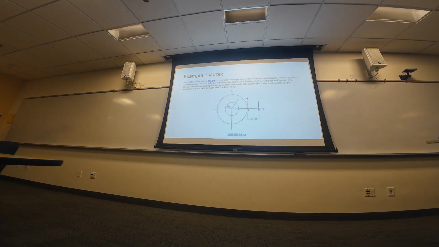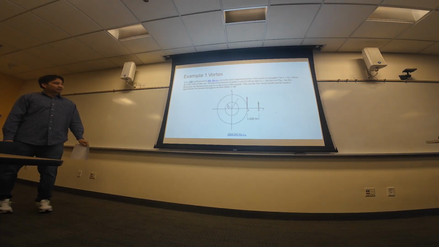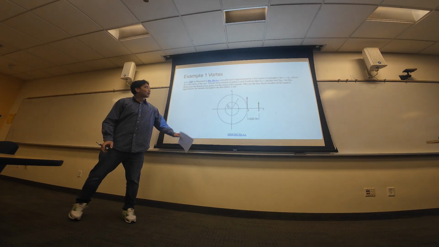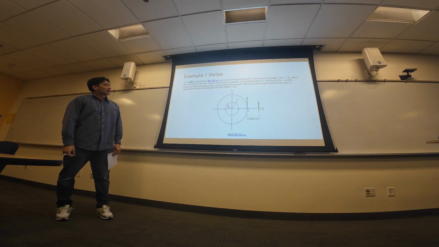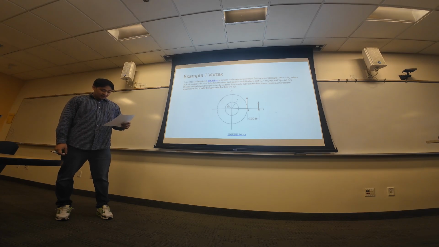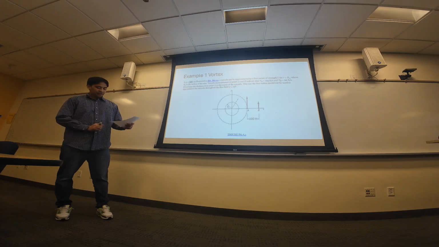Okay, let's keep our good habits and follow Dr. Bridges: givens, assumed, and finds. So here, example 1, we have an illustration of our quote-unquote tornado. It can be approximated as a free vortex, and free vortex just means irrotational flow, and there's no external forces or torque.